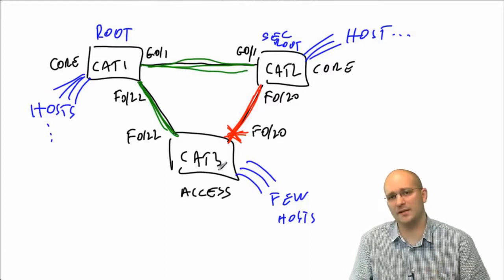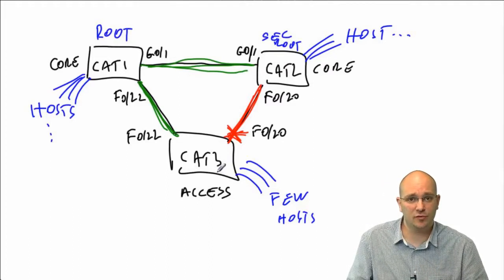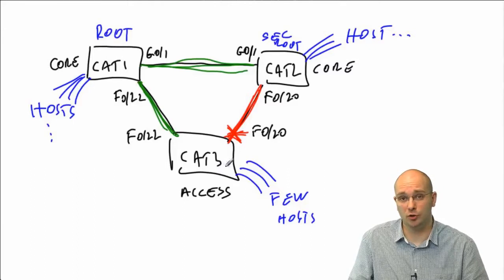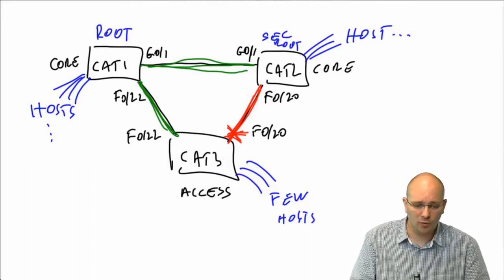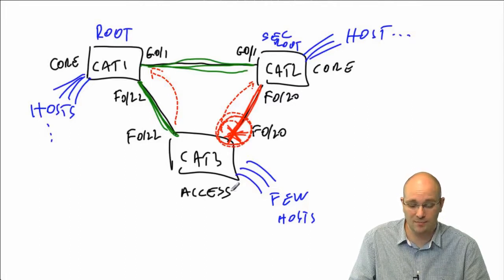But what would happen in this network if Cat3 would be configured to be the root, if it simply claims to be the root? Well, it will start sending superior BPDUs. It will send a superior BPDU to Cat1, it would send a superior BPDU to Cat2, even though this port here is blocking.